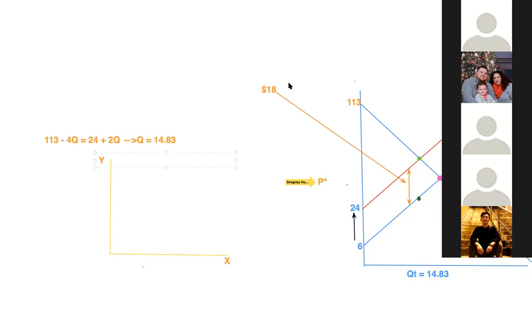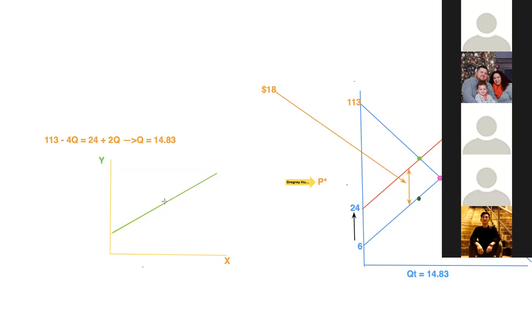If I give you some graph like this, I'm going to try to do it in green instead of yellow.